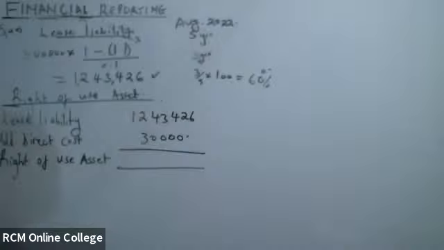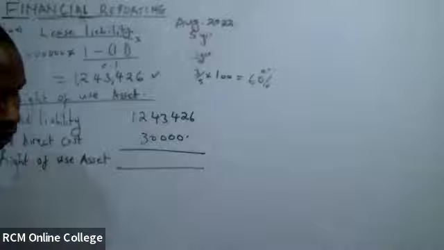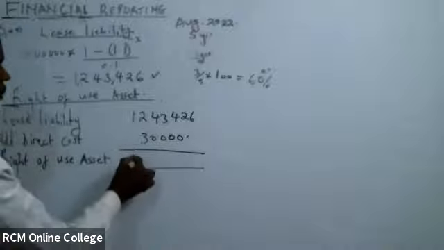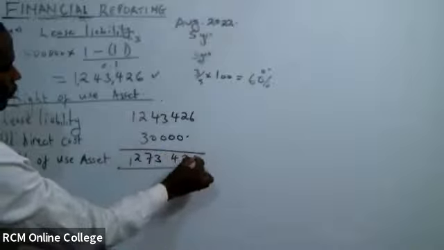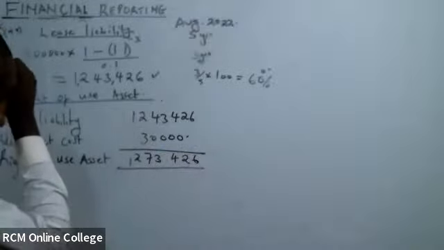How much will that be? So 1273,426. That is the right of use asset.